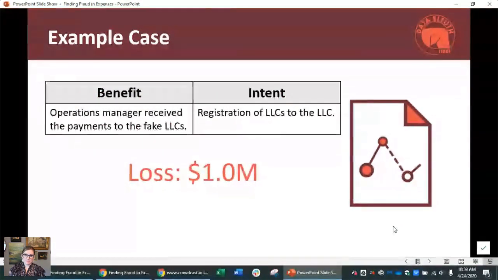And the operations manager received those payments. They were his LLCs. The LLCs had his address as the address, but the registered agent was the LLC itself, so that whenever we went to search for that individual in the Secretary of State, we couldn't find that easily. Like, we would have had no idea to look for these LLCs. The loss in that, just for that scheme, was about $1 million.